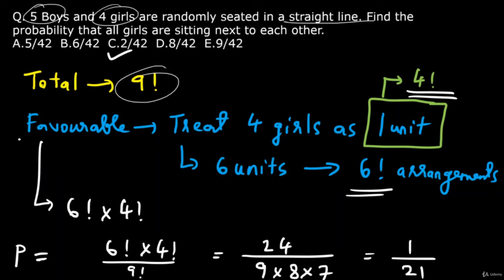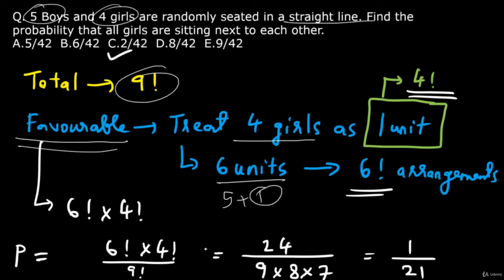Alright, now let's try to find the favorable scenarios. Now for this, let's treat the 4 girls as one unit because they are sitting next to each other, right? So you have a total of 6 units, that is 5 boys and 1 unit, which is the 4 girls taken together. So 6 units can be arranged in a straight line in 6 factorial ways, right? Now this 1 unit comprises 4 girls, right?